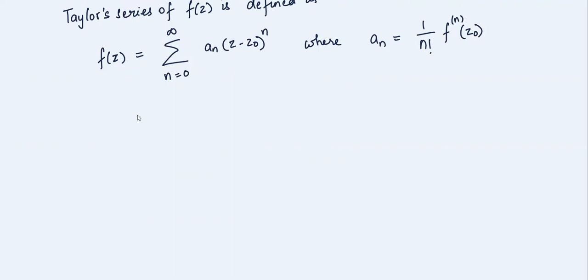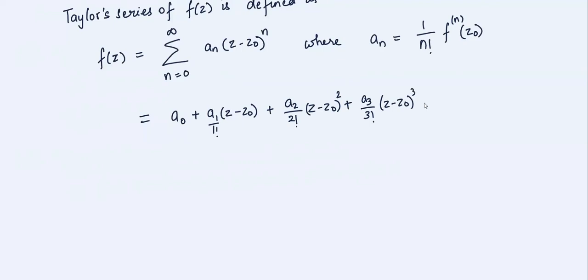So here, how does this Taylor series look? This will be equal to a naught plus a1 by 1 factorial (z minus z naught) plus a2 by 2 factorial (z minus z naught) the whole square plus a3 by 3 factorial (z minus z naught) the whole cube, up to infinity.